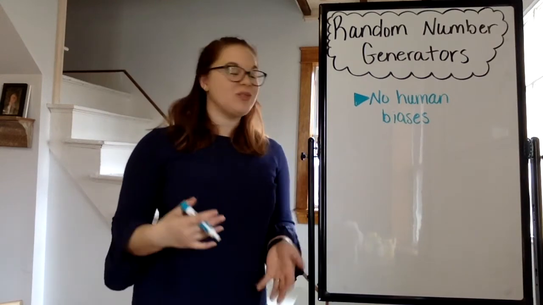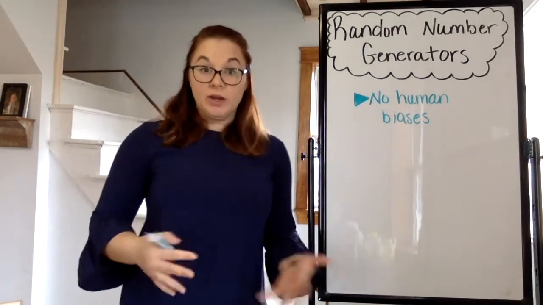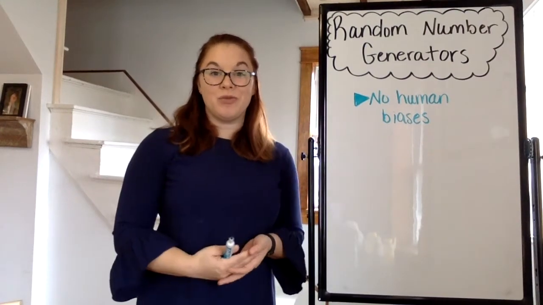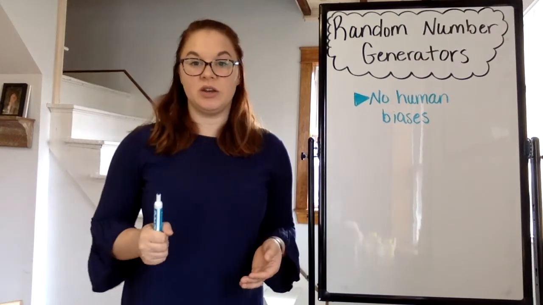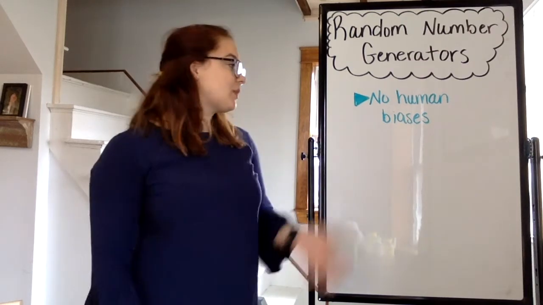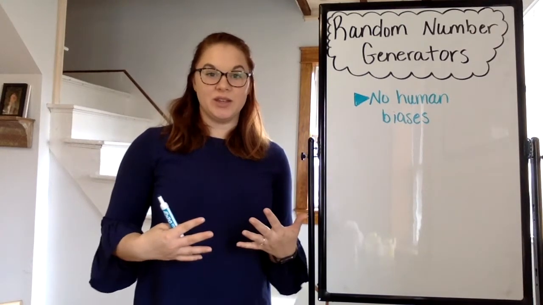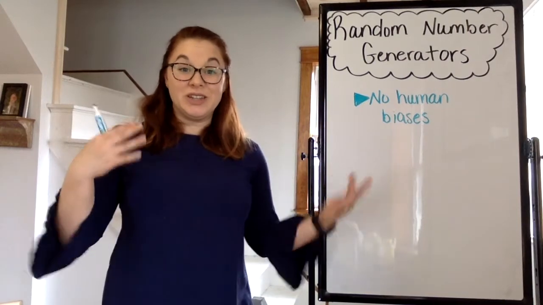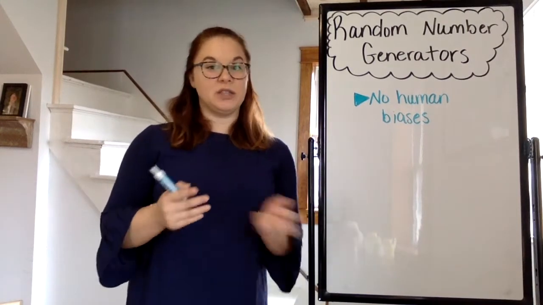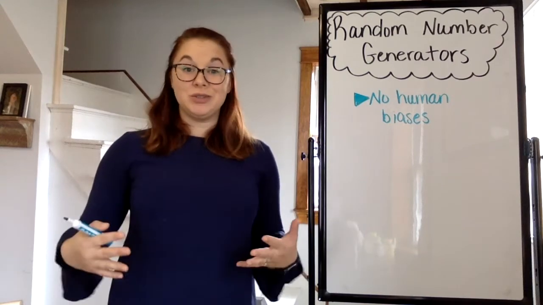So what could happen is even if you're doing a method that is somewhat random and is one of the recommended random sampling methods, like picking every fourth person or, I don't know, picking names out of a hat, you could have some bias. Now, if people are in line and they see you're talking to every fourth person, they might rearrange themselves, right? Because maybe they don't want to talk to you, maybe they do.